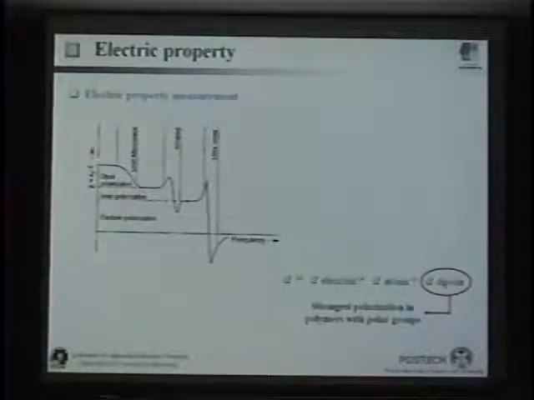In this case, if you change the frequency, the dielectric constant will change. For the inorganic case, it's quite stable and independent of frequency, but for organic materials you have to think about the temperature effect and also the frequency of the field.